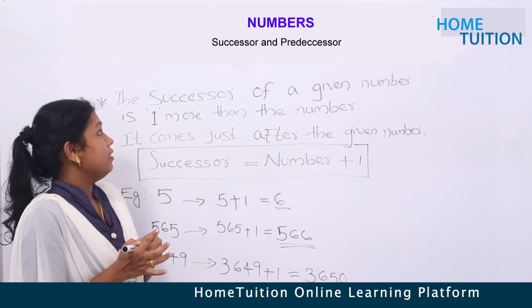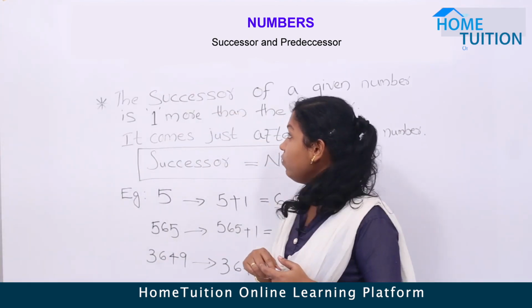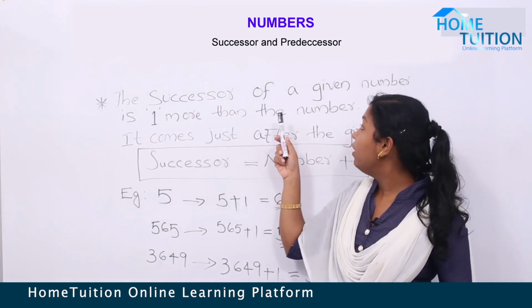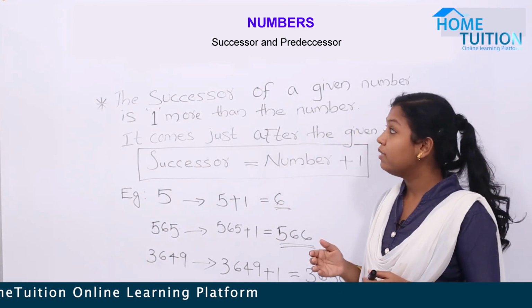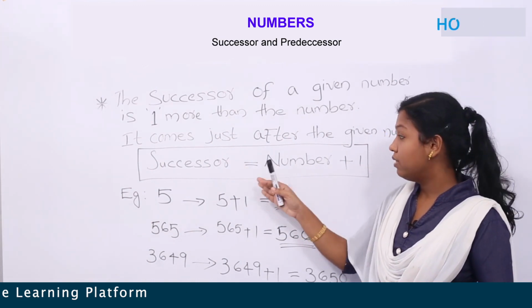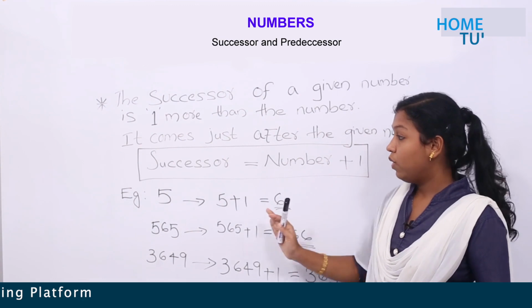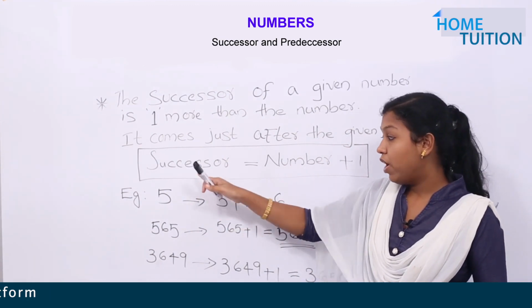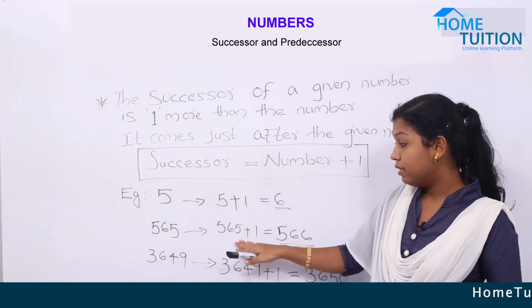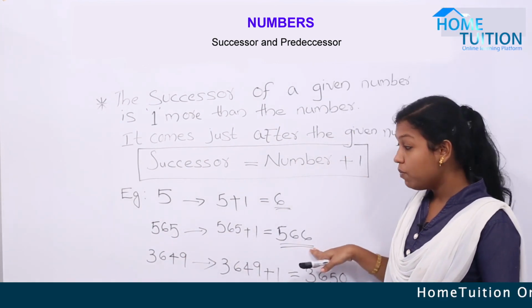So the successor of a given number is one more than the number. It comes just after the given number. So successor is number plus 1. For example, the successor of 5 is 5 plus 1, which is 6. Then 565 plus 1 is 566.